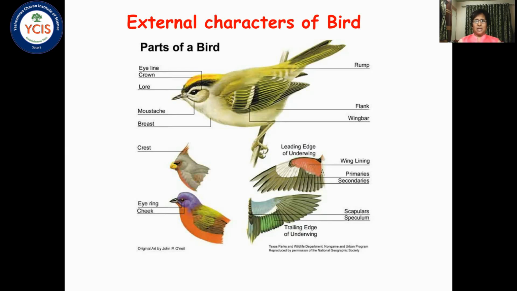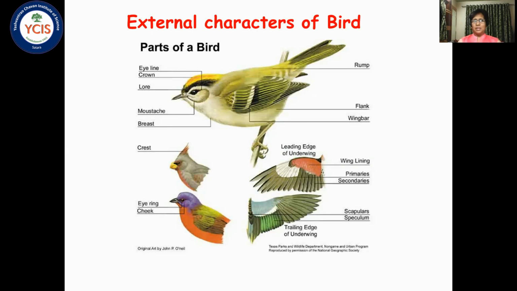Then these hind limbs are long, stout, and bear three or rarely two toes. The toes bear claws, and birds have scales on their legs.